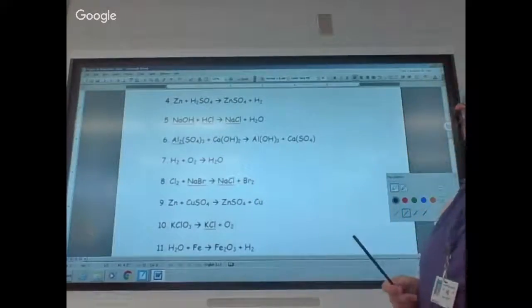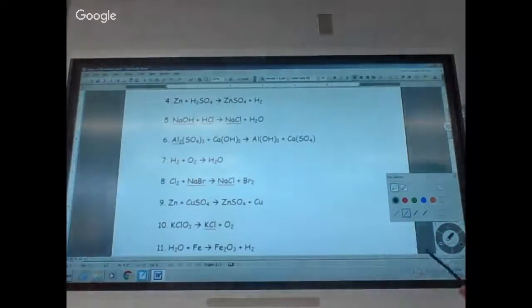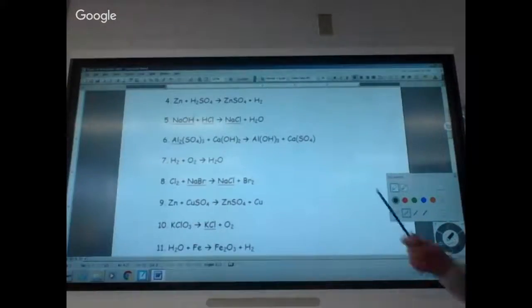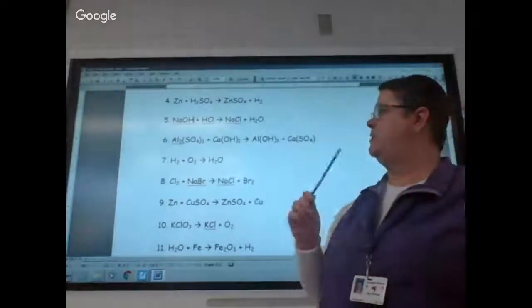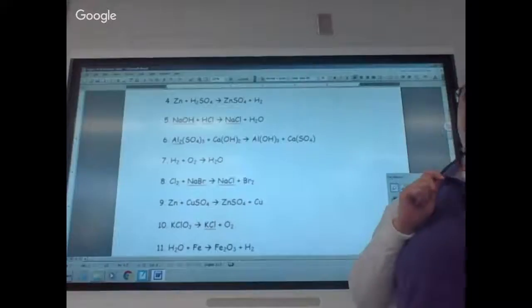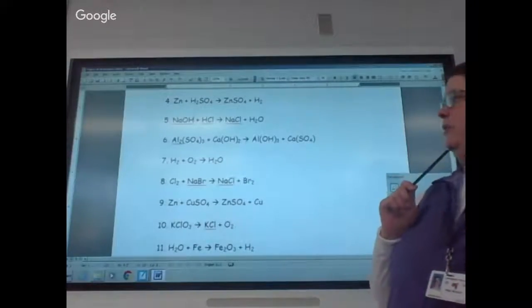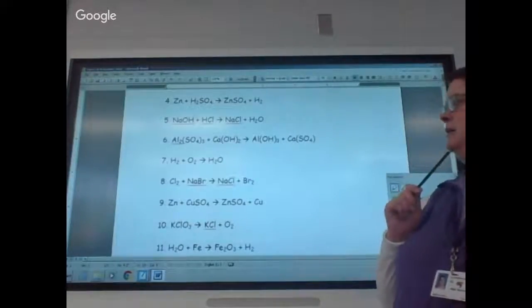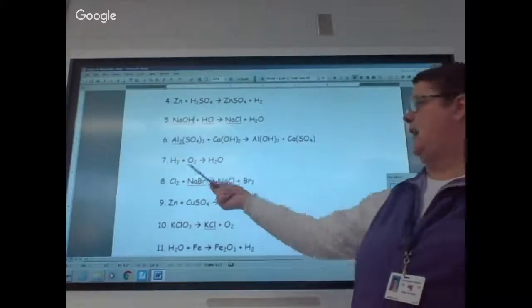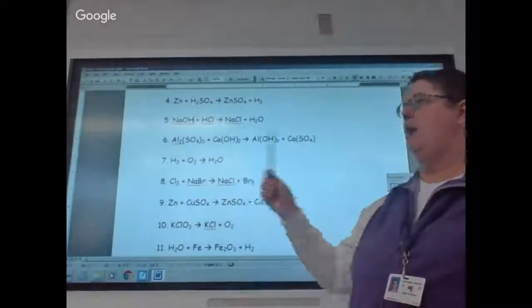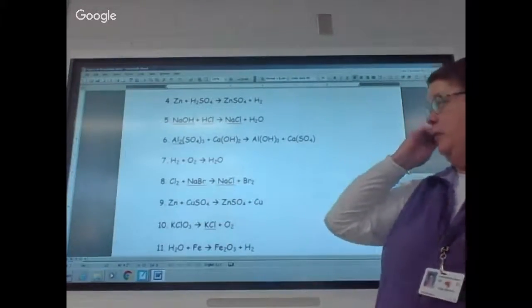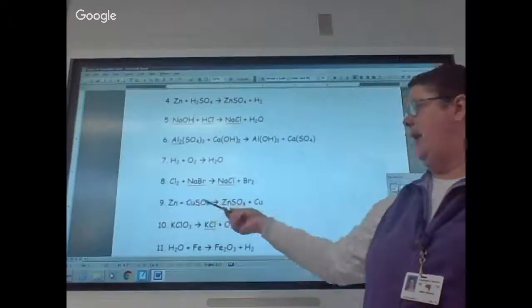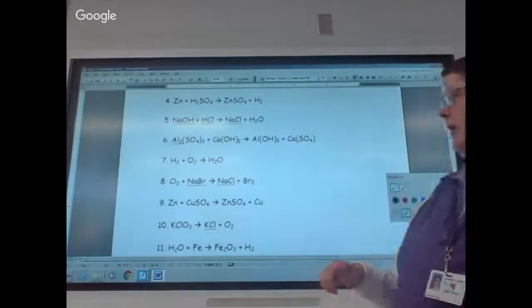Number 6, 2 plus signs. Do you have any single elements? No, double displacement. What about 7? Synthesis. What about 8? Single displacement. 2 plus signs and 2 single elements. Cl and Br are both single elements. What about number 9? Single displacement.